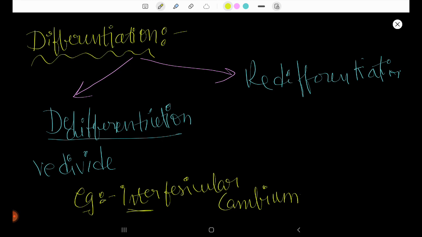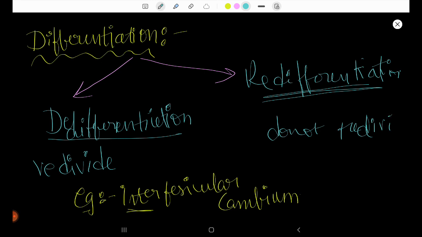Now redifferentiation is just the opposite of dedifferentiation. Here the cells do not possess the ability of redividing. Once they are converted into mature permanent cells, they do not regain the ability of meristems.